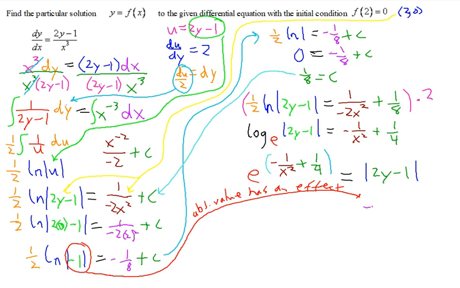That's how it changes this negative 1 to be a positive 1 right here. So it's just like multiplying this 2y minus 1 times a negative 1. And then this side we still have e to the negative 1 over x squared plus 1/4.